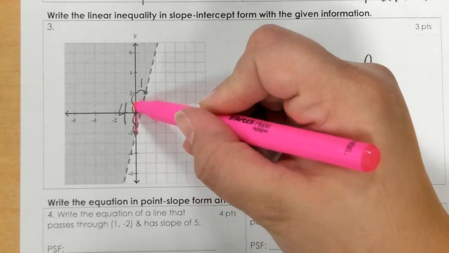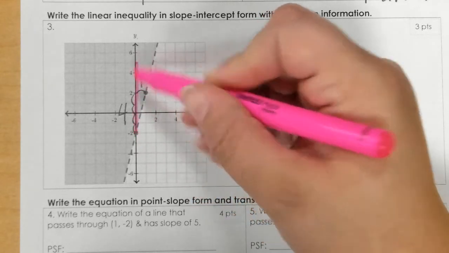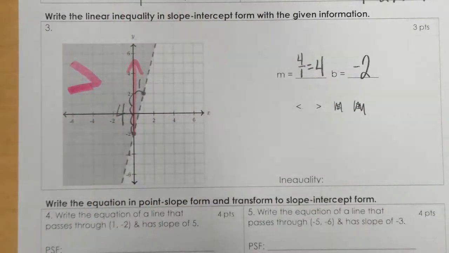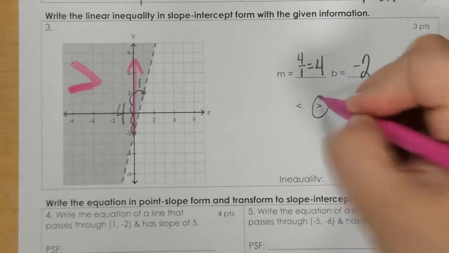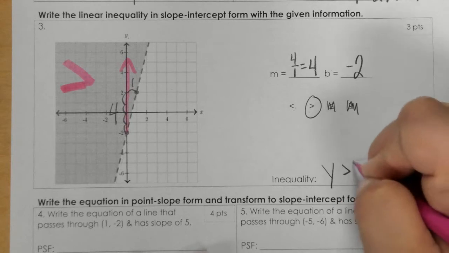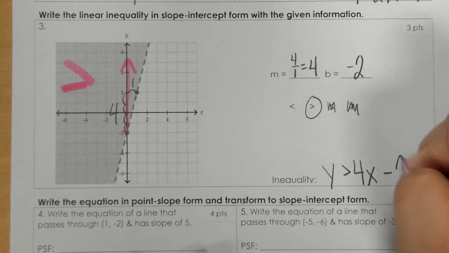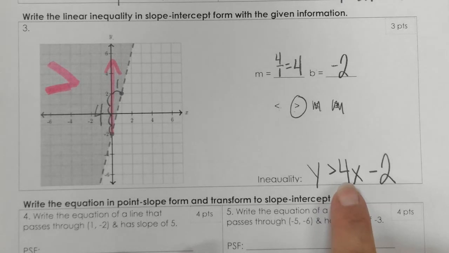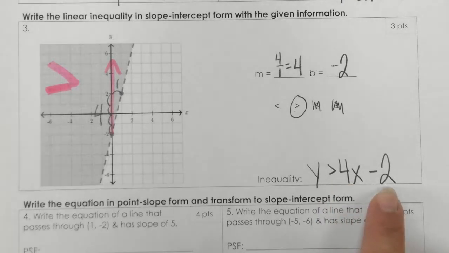I just draw a line where the shaded area is, and I see that I'm going up, okay? If I'm going up, that's considered greater. So I would be at this inequality. So y is greater than 4x minus 2. So we have 4 greater than our m, and then our b.